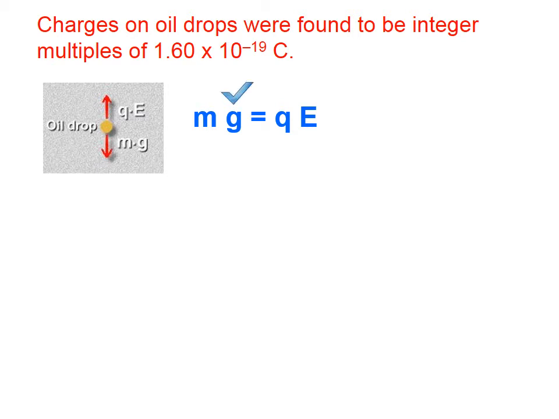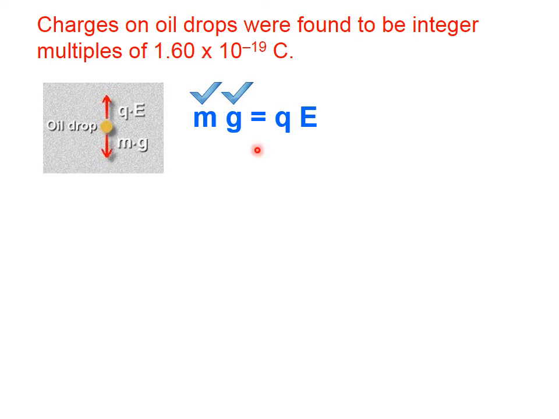We know the acceleration due to gravity. We can look through the microscope and measure the diameter of that essentially spherical oil droplet. And if we can measure its diameter, then we know its volume. And if we know the volume and the density of that oil droplet, then we can calculate its mass.